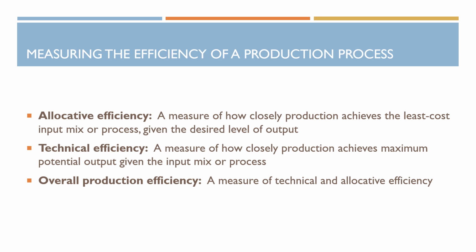Technical efficiency is associated with the maximum potential output given the mix of inputs in a process. And the overall production efficiency, of course, is measured by the two kinds. So we're balancing what would be the least cost and what would be the optimal amounts of associated inputs. By balancing the two, we can get the overall production efficiency calculated.